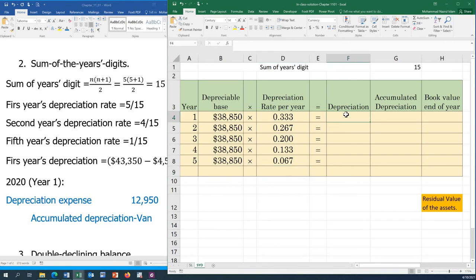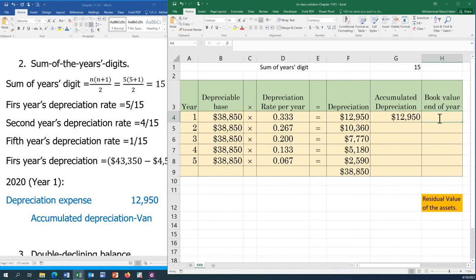So the depreciation for the first year is equal to the depreciable base multiplied by the depreciation rate. This is the depreciation for every year. If we sum up, we can see that the total depreciation is 38,850, which is equal to the depreciable base. Now calculate the accumulated depreciation.